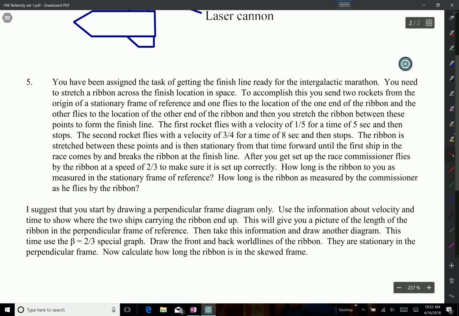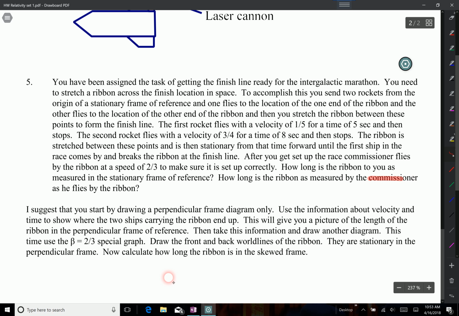We can say that there's a spaceship flying at 1/5, there's a spaceship flying at 3/4, and then there is a race commissioner who flies by at a speed of 2/3, and he's making a measurement. How long is the ribbon measured by the commissioner?